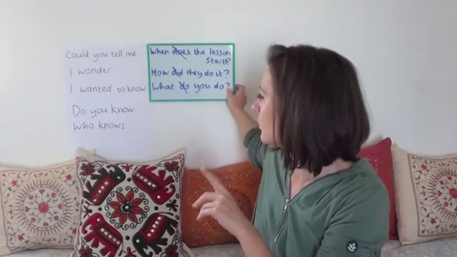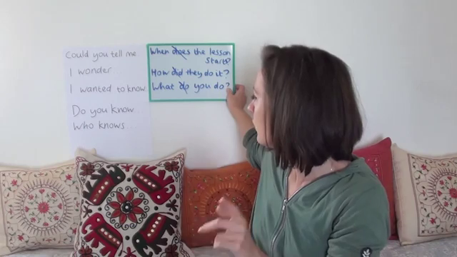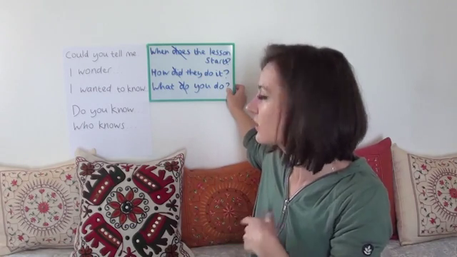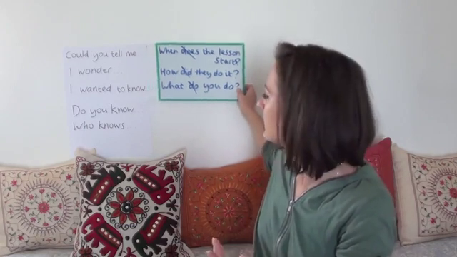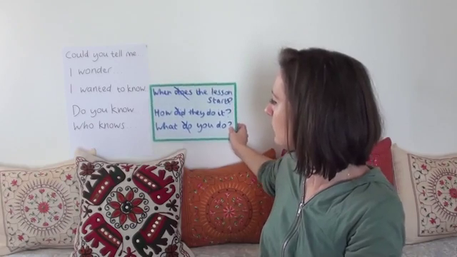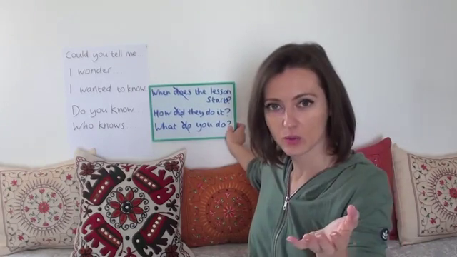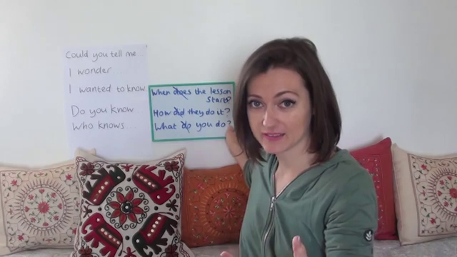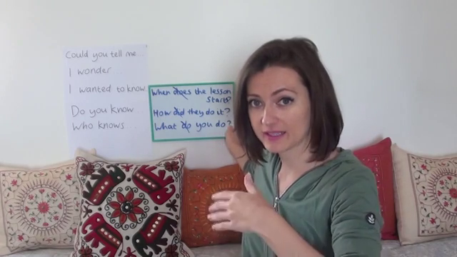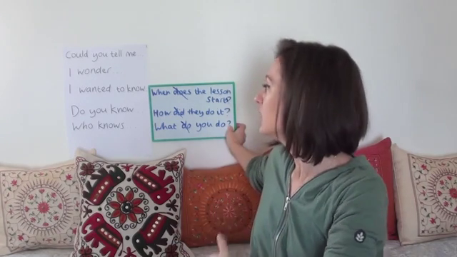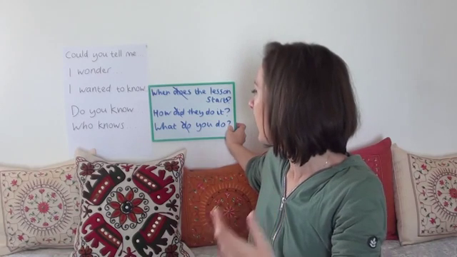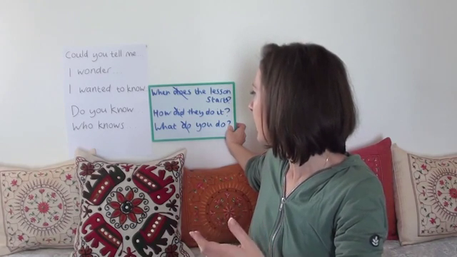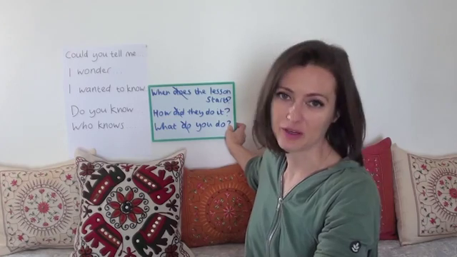The next example, I wanted to know what you do. This is fine also. Let's move this down for the other examples. So when the question phrase has you in it as subject, you might need to change the rest of the question. Do you know how they do it? Well, not for that one.